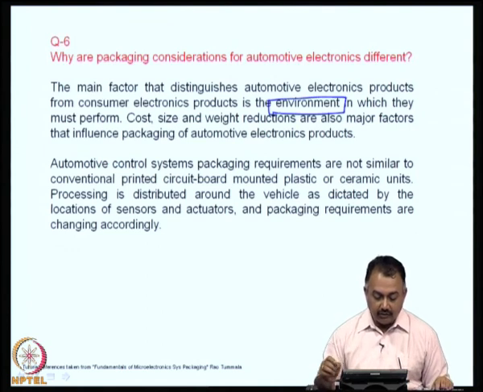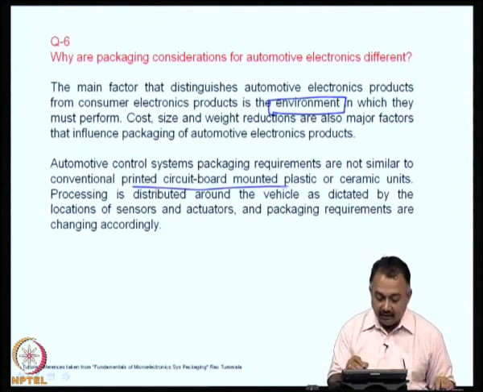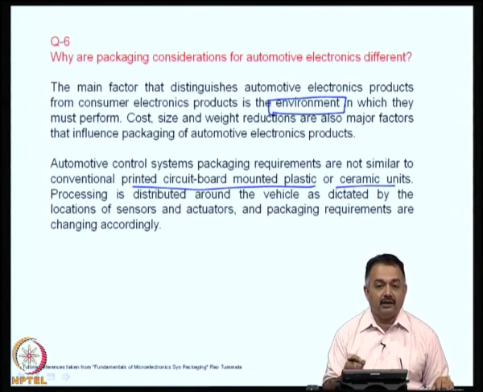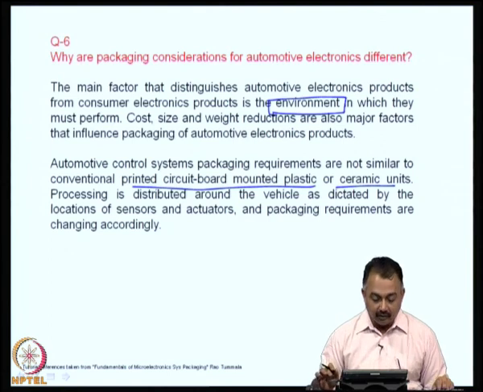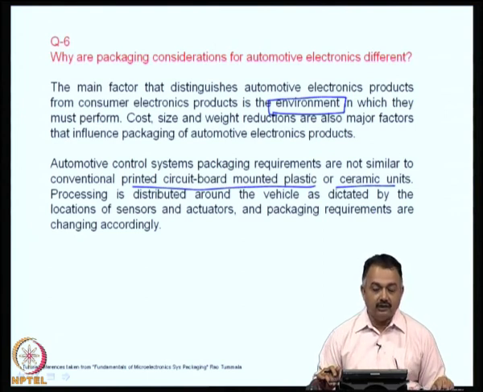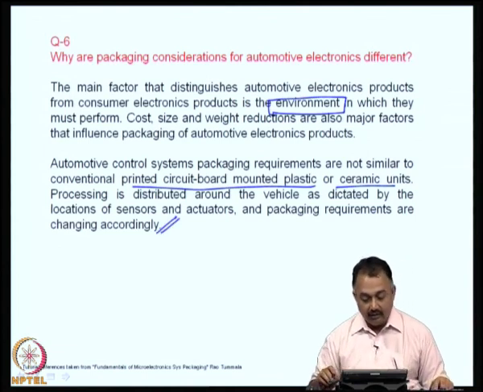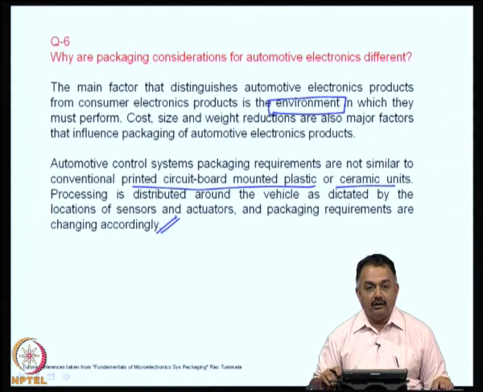They are not similar to printed circuit board plastic material, which I have shown, or ceramic units. So, you have to make a very important decision: can I use a plastic or a ceramic for automotive? Processing is distributed around the vehicle as dictated by locations of sensors and actuators, and packaging requirements are changing accordingly. So, it is not unique in some sense; it varies from system to system.